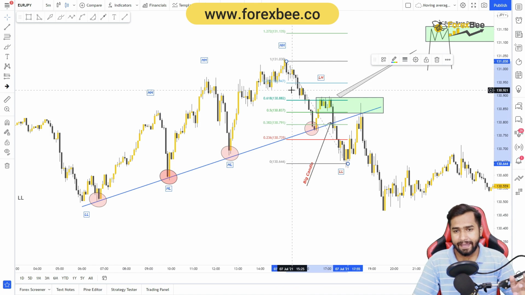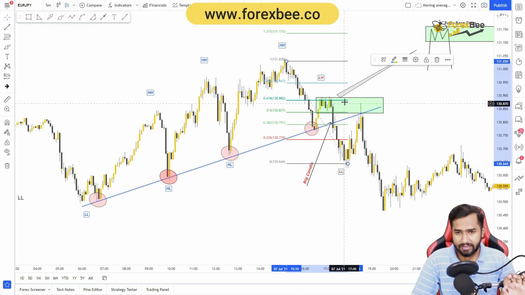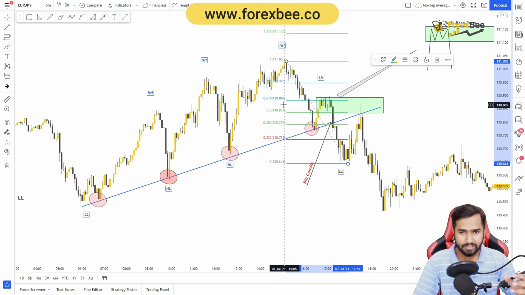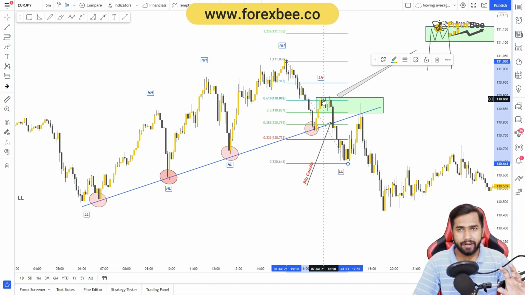Okay, and there you can see that this supply zone is forming within our golden zone, which is a very good indication that the trend reversal is in place. Once we see that there is a possibility of a trend line breakout from our trend line breakout points, and also there's a formation of a supply zone, that is a very good trading setup.